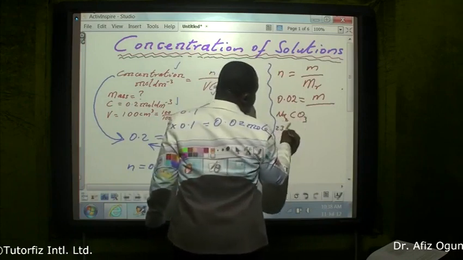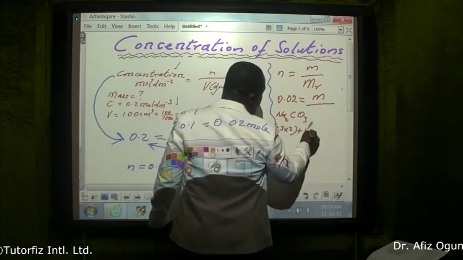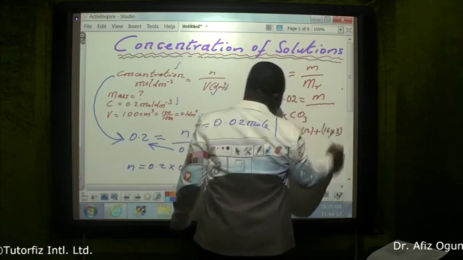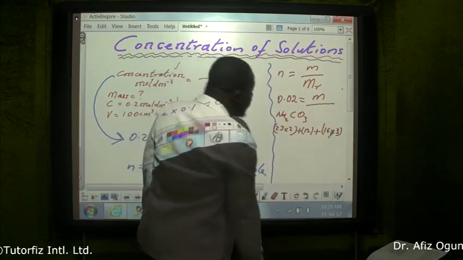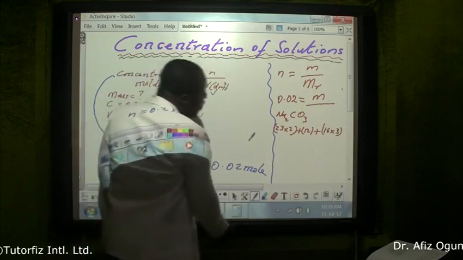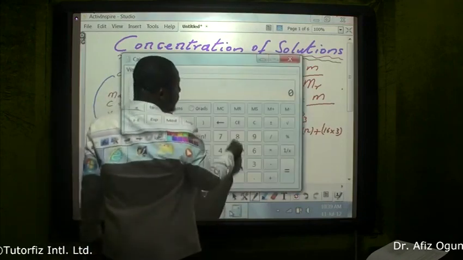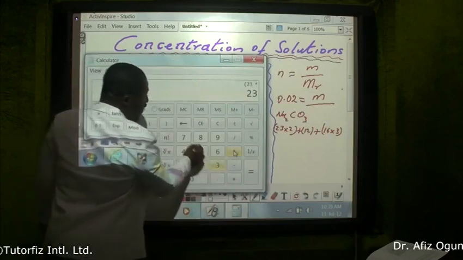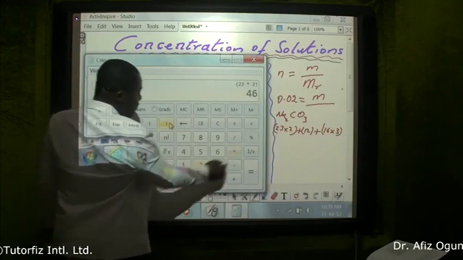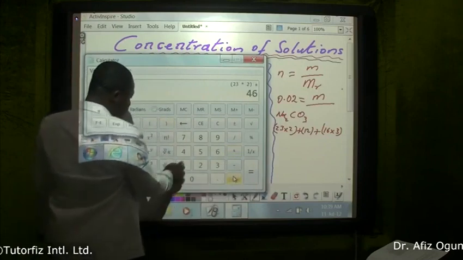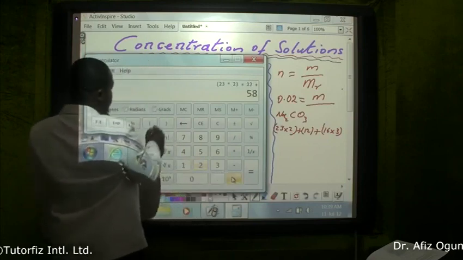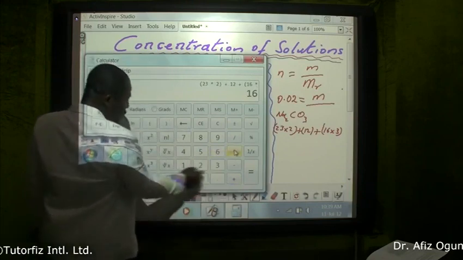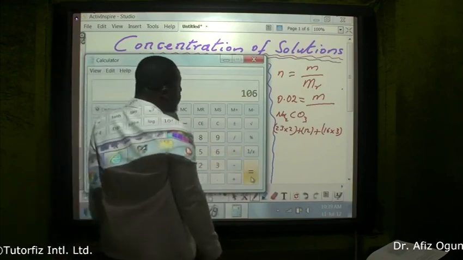This is 23 times 2, that's sodium, plus 12, plus 16 multiplied by 3, that is 46 plus 12 plus 48. 23 multiplied by 2 plus 12 plus 16 multiplied by 3 gives 106.